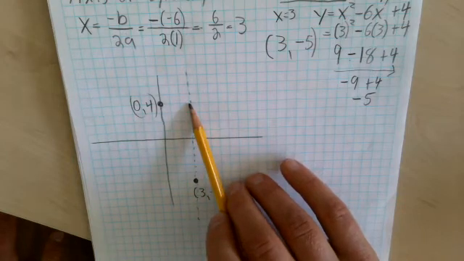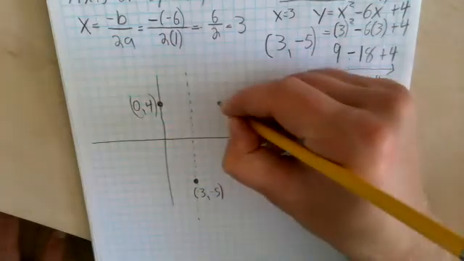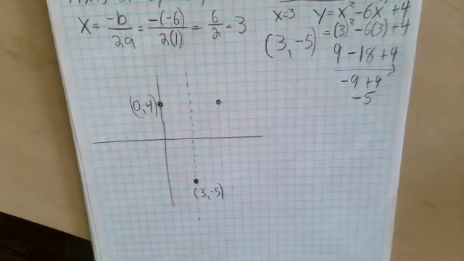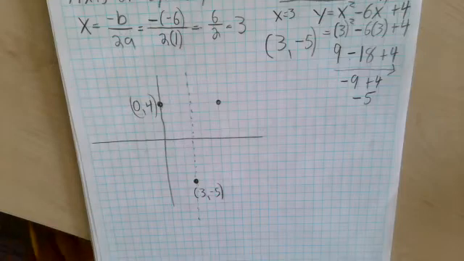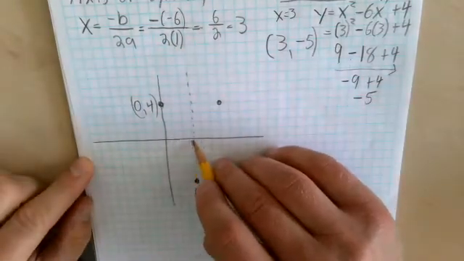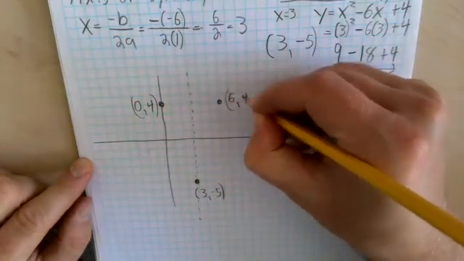So now I'm just going to move 3 to the right. 1, 2, 3. There's another point of our parabola utilizing the characteristic of the reflection of the axis of symmetry. And it's always going to be on the same line in terms of y. So this point here is what? 1, 2, 3, 4, 5, 6. 6, 4.